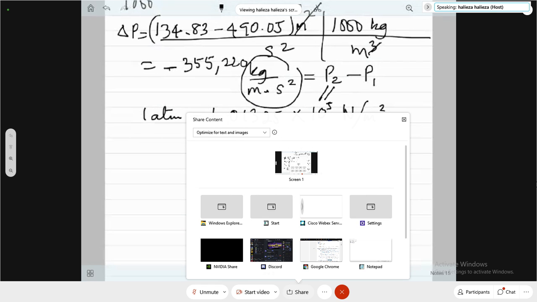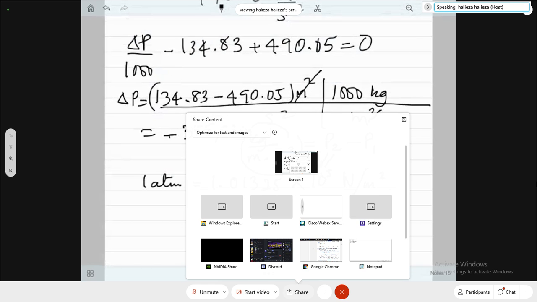Yeah, okay, let's write down 1.0. Let's change that unit first. Minus 355,220 kilogram per meter second square. I'm going to change it into Newton.